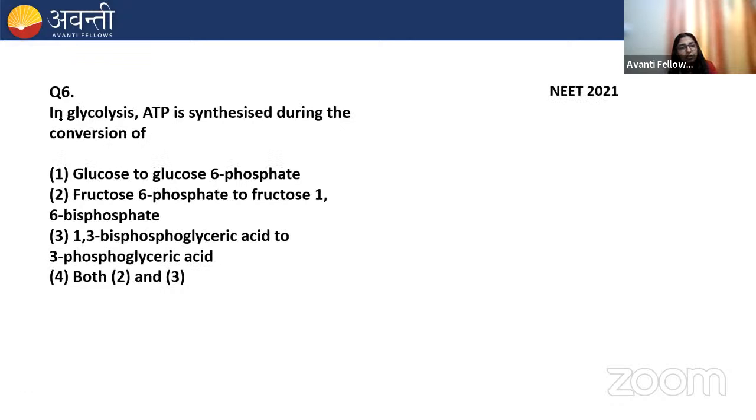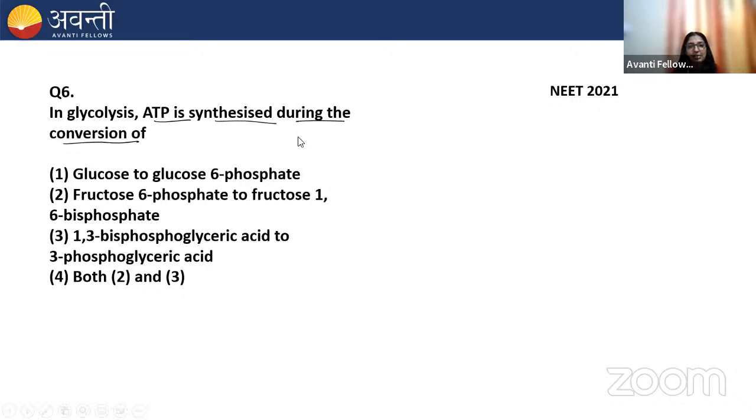Moving next, question number 6 says, in glycolysis, ATP is synthesized during conversion of glucose to glucose 6-phosphate. Second says fructose 6-phosphate to fructose 1,6-bisphosphate. Number 3, 1,3-bisphosphoglyceric acid to 3-phosphoglyceric acid. Fourth says both 2 and 3.